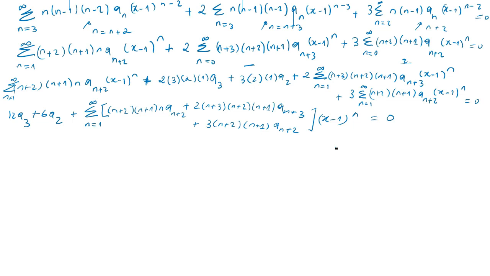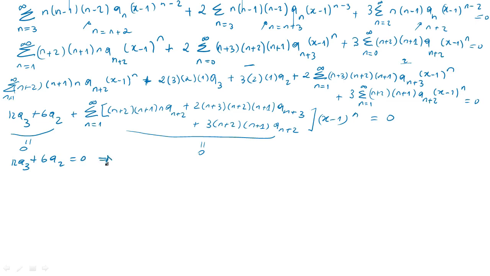Okay, so now if this is equal to 0, it means this over here amounts to 0, and all these things inside the coefficient amount to 0 as well. So from there we have 12a3 plus 6a2 is equal to 0.